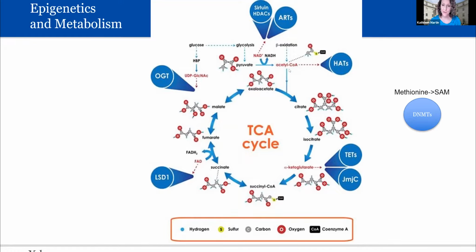For example, acetyl-CoA is essential for histone acetylation, and alpha-ketoglutarate produced in the TCA cycle is essential for activity of TET enzymes and Jumonji, another epigenetic regulator family, whereas the methionine cycle generates the metabolites necessary for DNA methylation. So, as we know, smooth muscle cells in the synthetic phenotype have very high energy demands, and by sensing the metabolic state through these intermediates, you can connect metabolism to the cell phenotype.